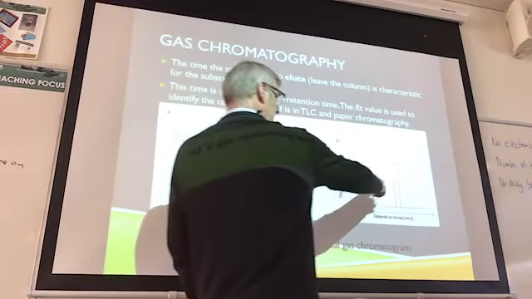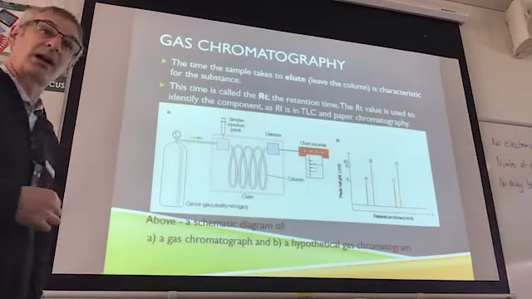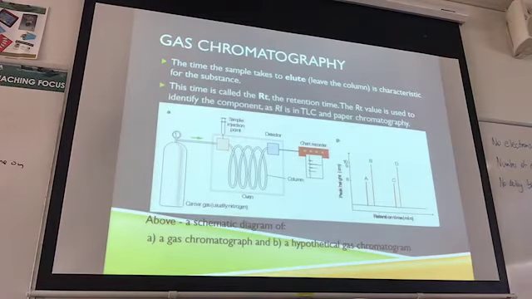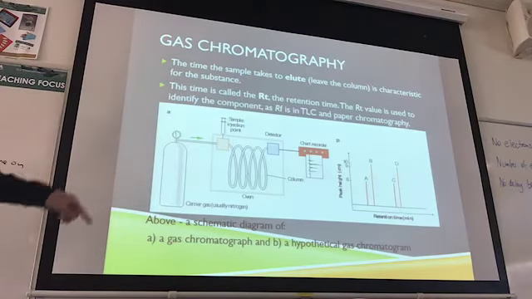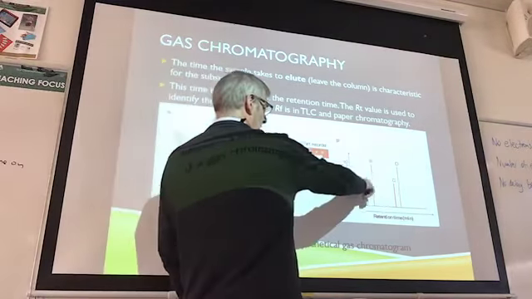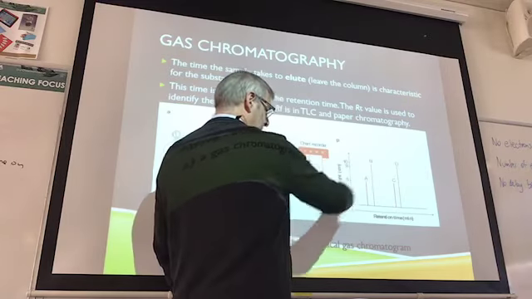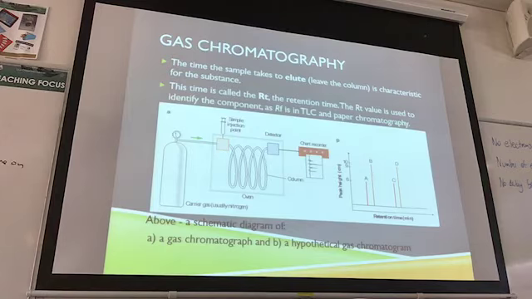So D would be one with a longer retention time, something that's more attracted to the material of the coil, whereas things that are not attracted to the coil will move through very quickly, and as a result they'll come out first, and will be ones with shorter retention times.